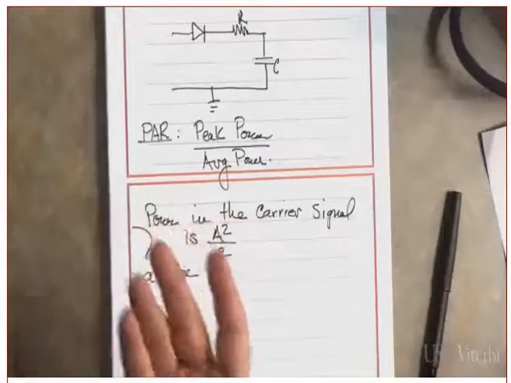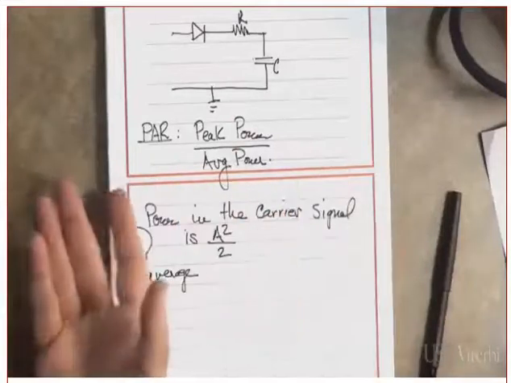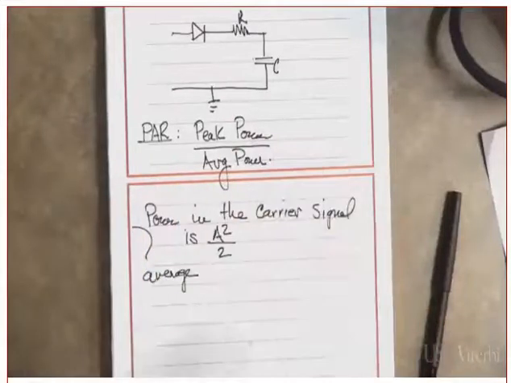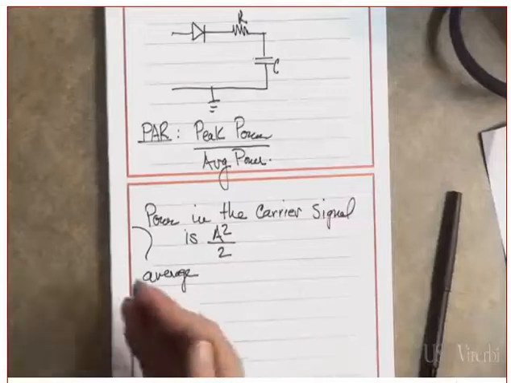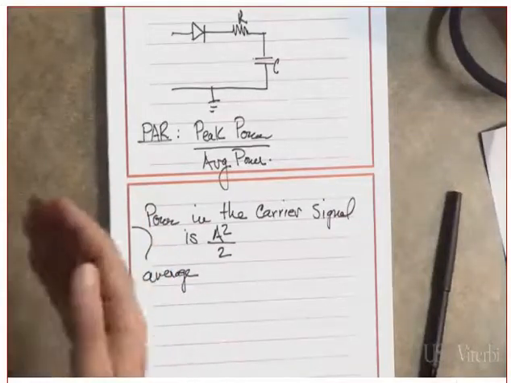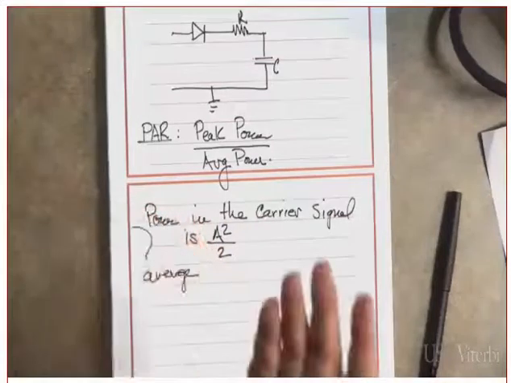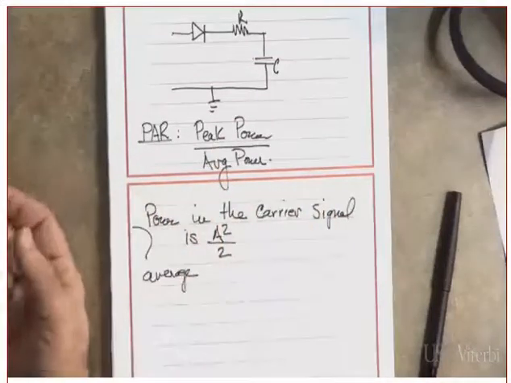I am not calculating the average. I'm taking the peak. What is the peak of a cosine? A. Then the power will become what? The peak power is as if I have a source that is generating constant amplitude of A. The power will become A square. Clear?